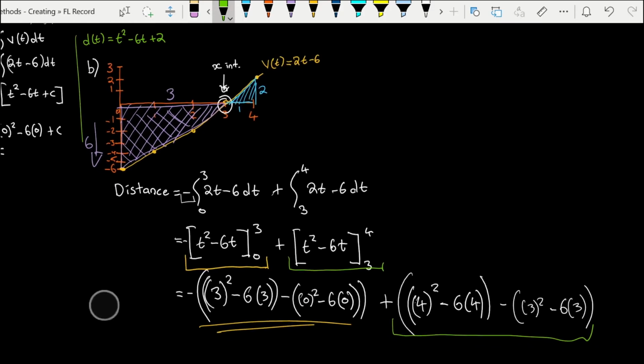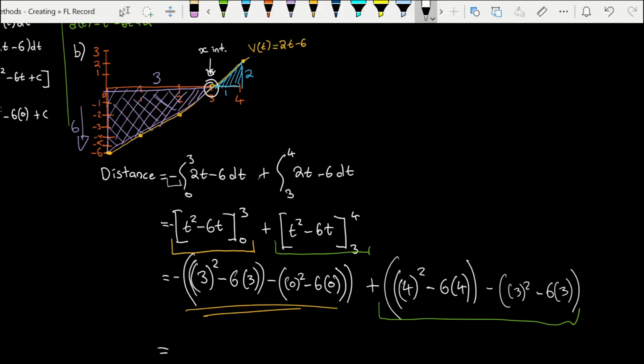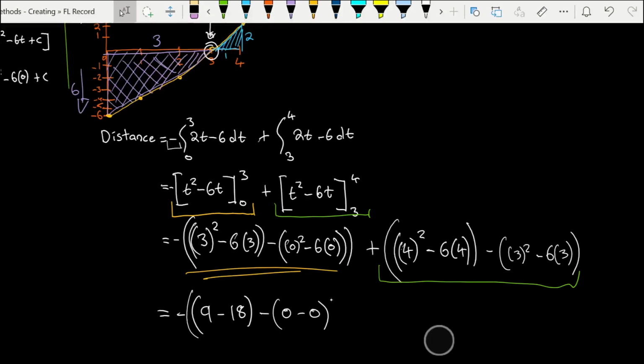Okay, and I'm just going to slowly evaluate this down. So here I've got the negative of 3 squared is 9, subtract 6 times 3 is 18, and I'm going to subtract that away from 0 squared is 0, subtract 6 times 0 is 0. And then I'm going to add all of this stuff.